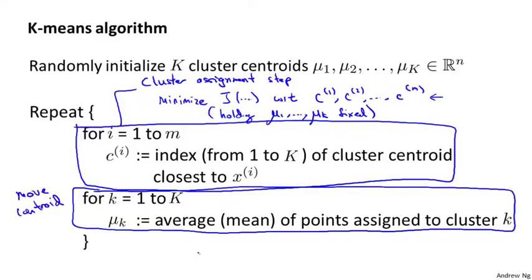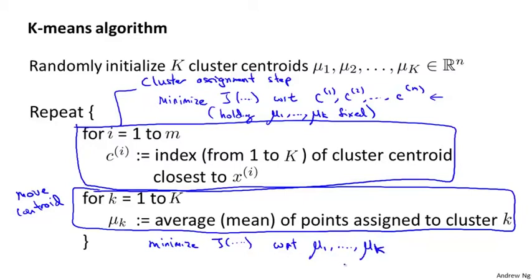Once again, I won't prove it, but it can be shown mathematically that the move centroid step chooses the values of mu that minimize J. So it minimizes the cost function J with respect to, WRT is my abbreviation for with respect to, the locations of the cluster centroids mu1 through mu capital K.